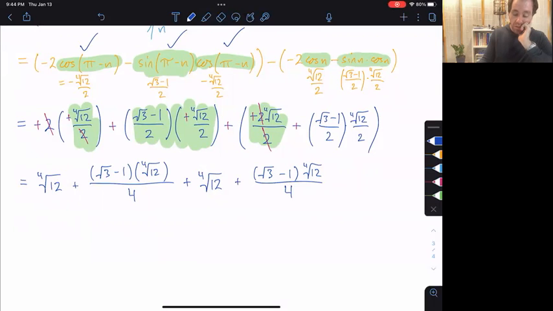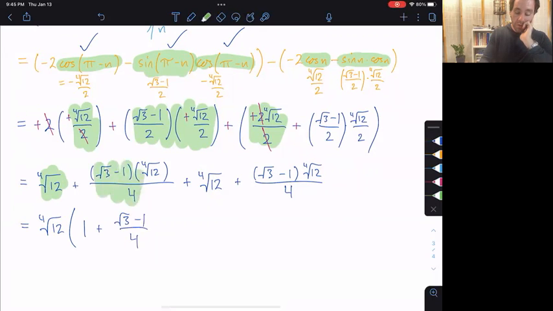So one thing I notice here is that there's a fourth root of 12 absolutely everywhere, right? So I can take that out. I can say fourth root of 12 is a factor absolutely everywhere. And so I end up with 1, that's from here, plus root 3 minus 1 over 4. And so far I've covered up to here, plus another 1, that's here. And then plus another root 3 minus 1 over 4.